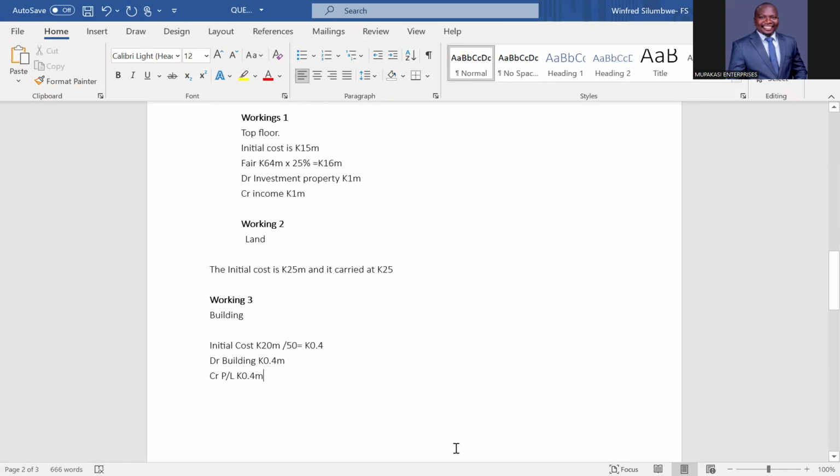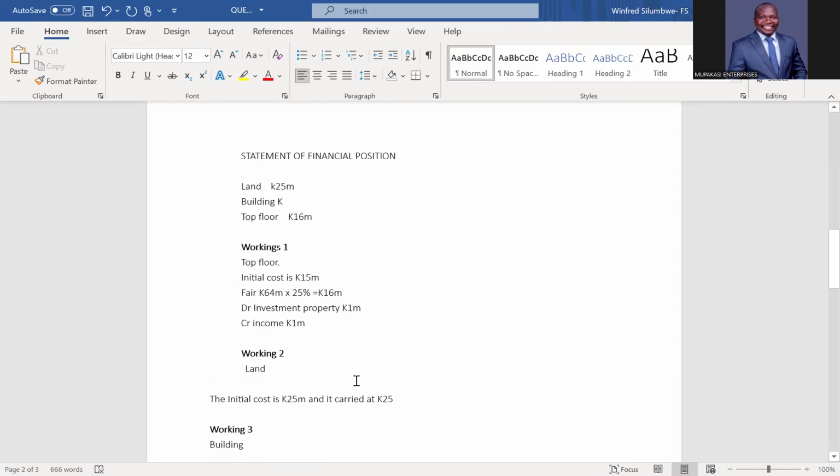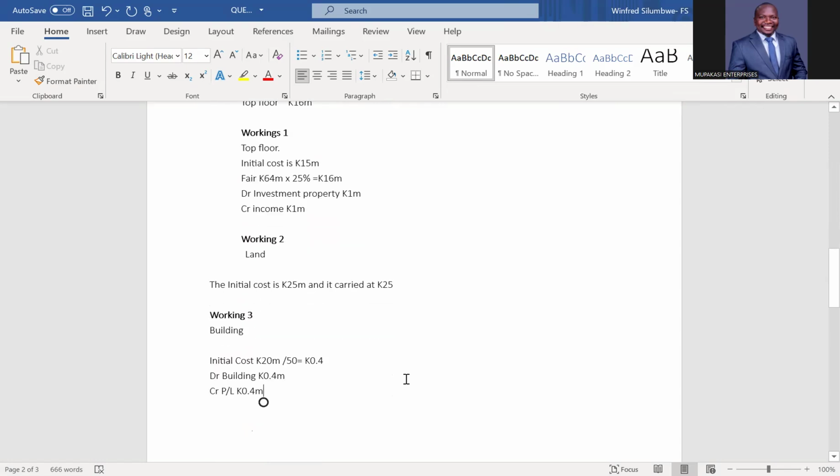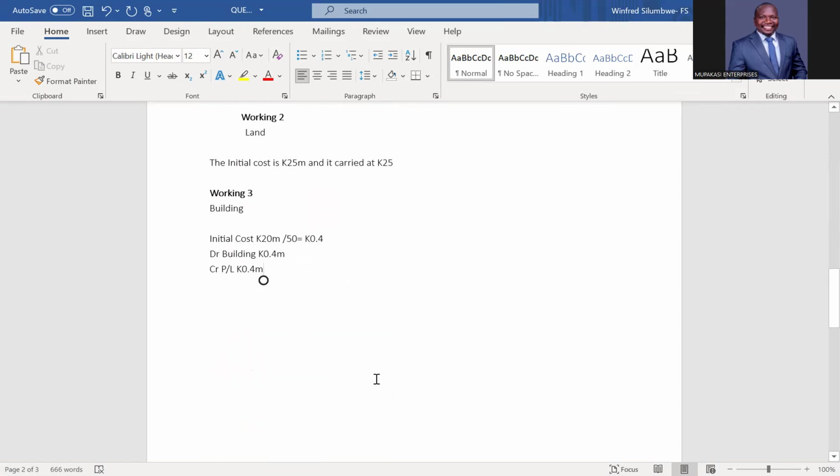So when you come here, meaning building, the initial was how much? The initial was 20 million. Building will be carried at 20 million minus 0.4 million, which will be equal to 19.6 million.